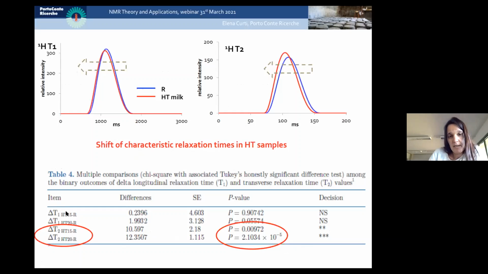What we saw is that T1 showed no significant differences, but T2, on the other hand, indicated a significant difference, both for the samples treated for 15 and for 20 seconds. And this difference was proportional to the duration of the treatment.